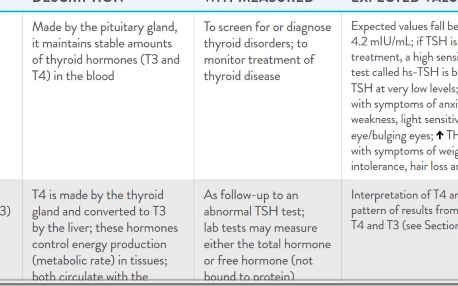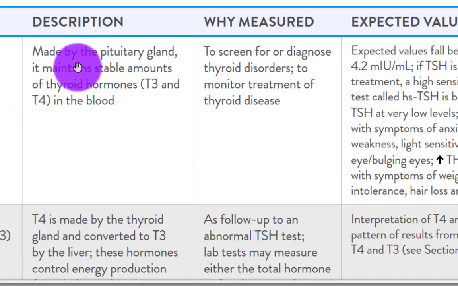Thyroid stimulating hormone, TSH. Thyroid stimulating hormone is made by the pituitary gland. It maintains a stable amount of thyroid hormones T3 and T4 in the blood. To screen for a diagnosis of thyroid disorder, to monitor treatment of thyroid diseases.